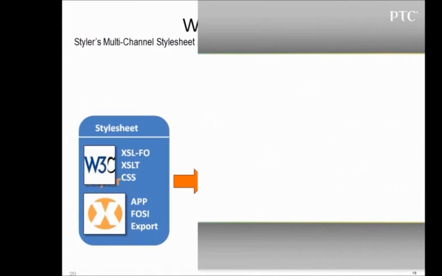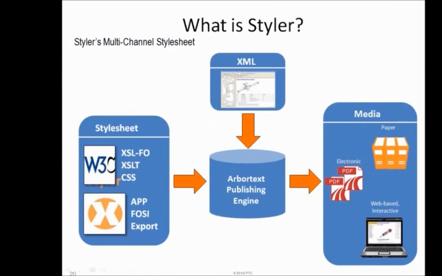What is Styler? Styler is a style sheet creation and management interface. It allows you to create a single style sheet that can output to multiple different formats. So in a traditional environment, you would have many different style sheets.